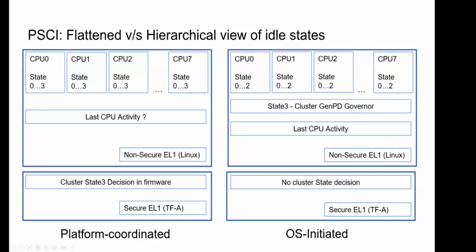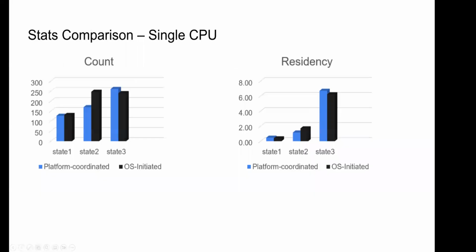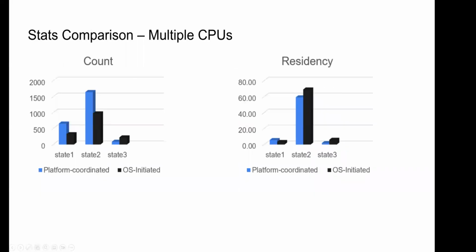You can achieve retention at both levels, and it should come free because you're not saving anything. So how much does missing that state in GenPD, in the cluster OSI mode, matter? That is what I'm missing in the overall picture. Because in the set of states you don't have that, but it is possible if you want to achieve that state.